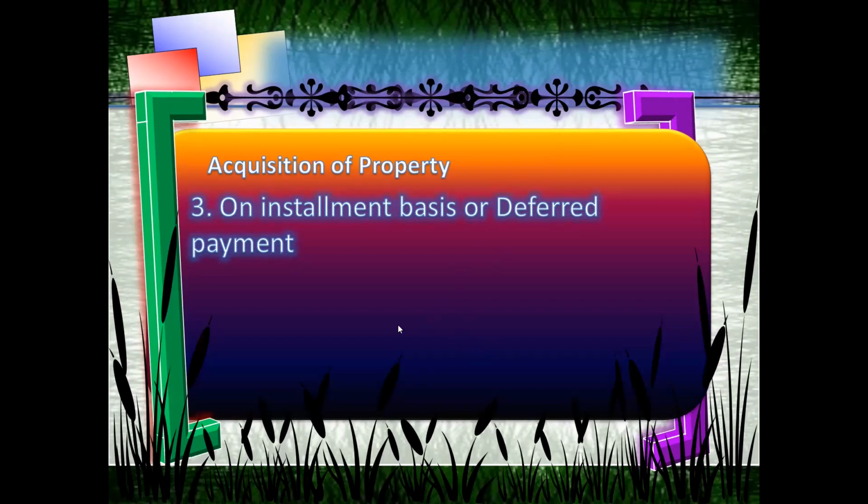Paano naman pag in-acquire mo yung property on installment basis or kung deferred ang payment. No? Yung kanina, yung on account, utang nga siya, pero kaya lang, limited lang yung credit period. So siguro, mga 15 days, no?